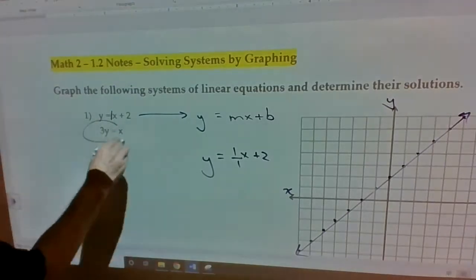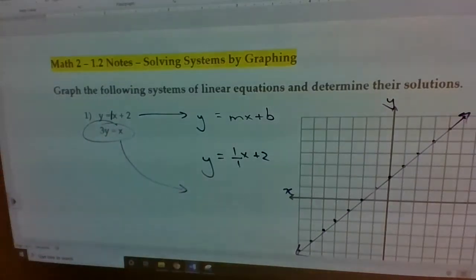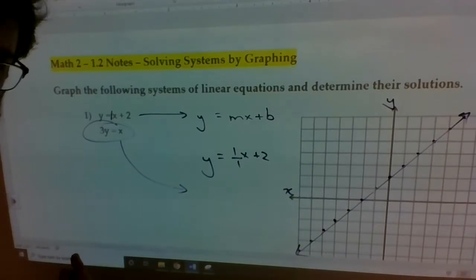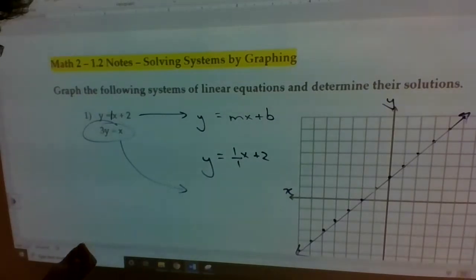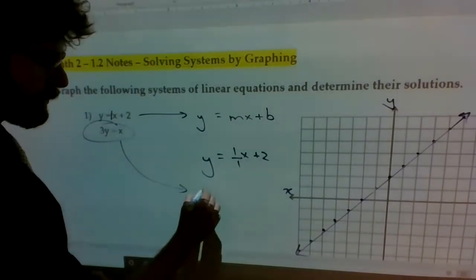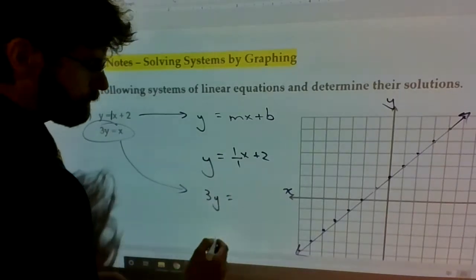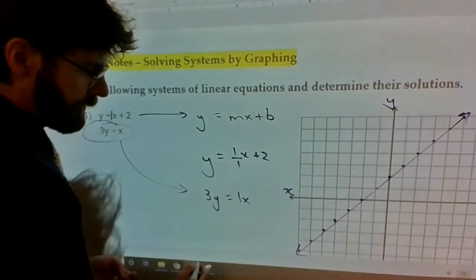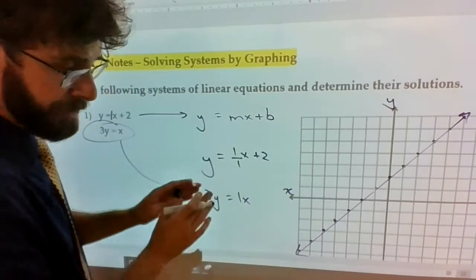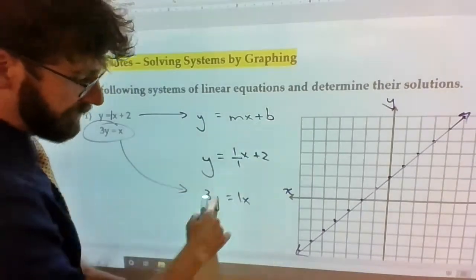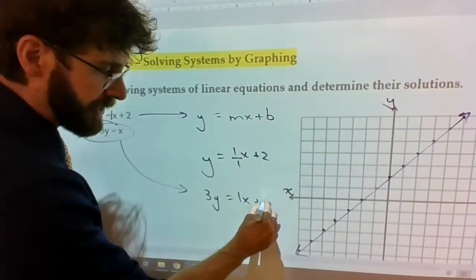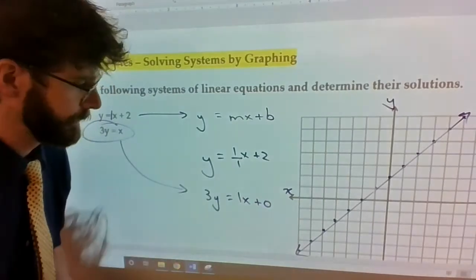Now, 3y equals x needs to be put in the y equals mx plus b format. Otherwise, we can't really easily graph it. So just like we learned yesterday, put a 1 in front of the x, get y by itself. I'm going to put right off the bat that there's no b value here, so I'm going to put a plus 0 if I don't see a b.